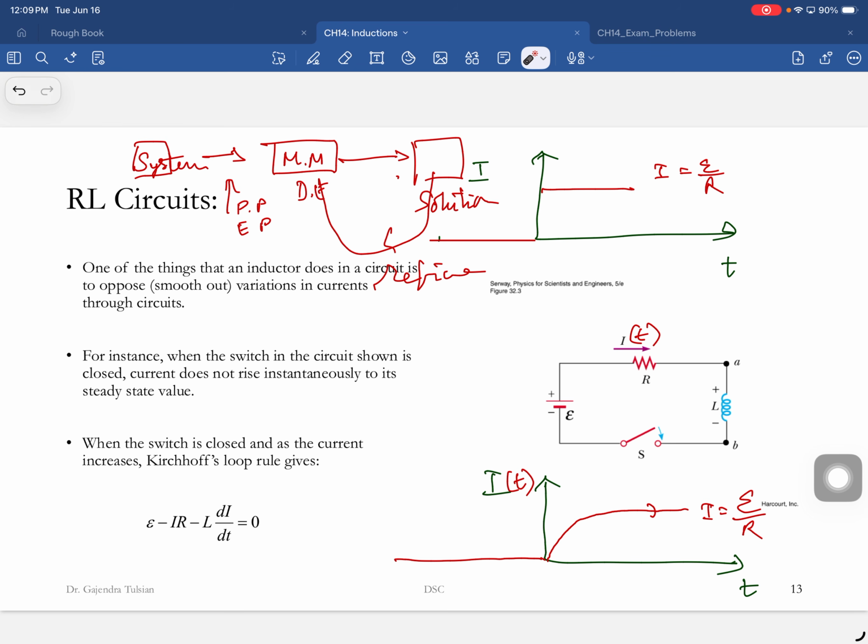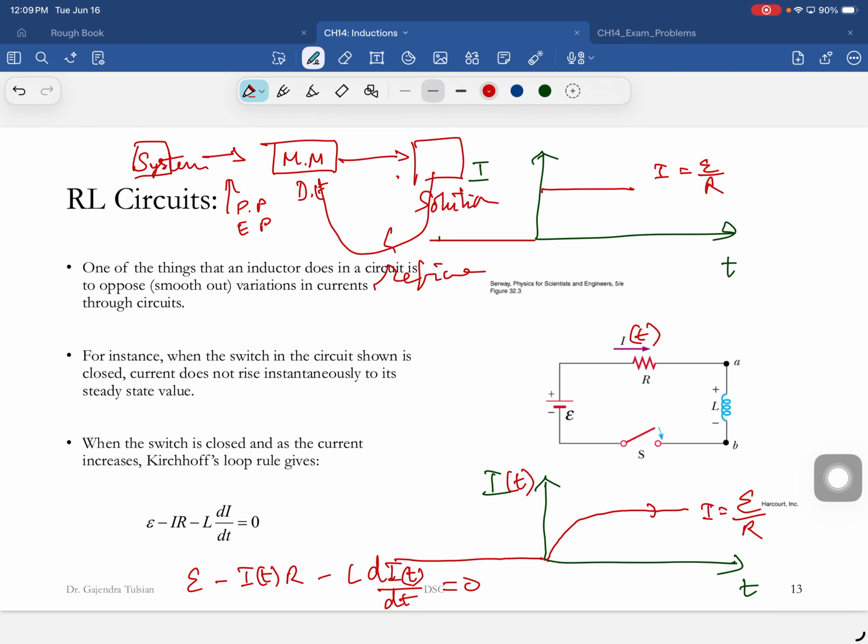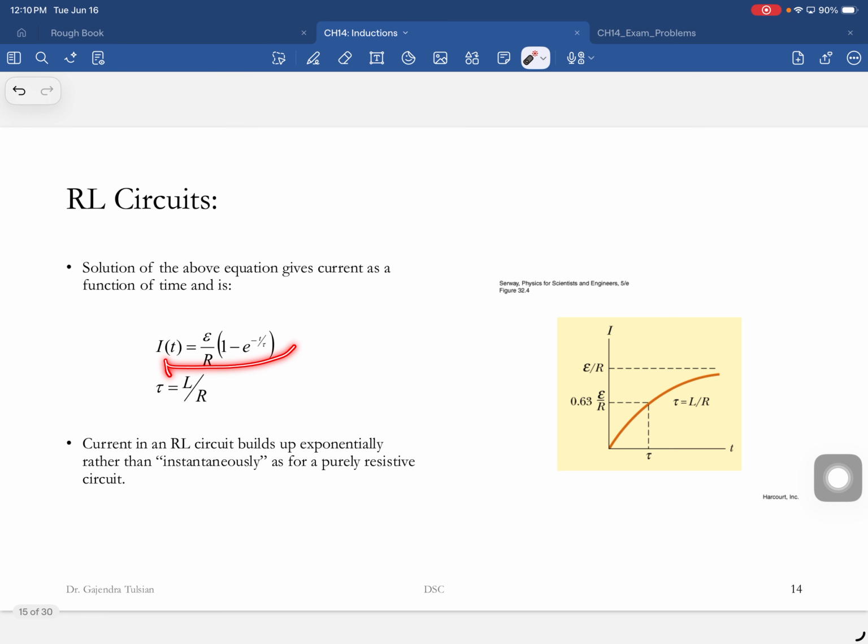And so now you want to solve this. So again, let me write that I is a function of t explicitly. All right, so solve this differential equation, and here's the solution to that differential equation.